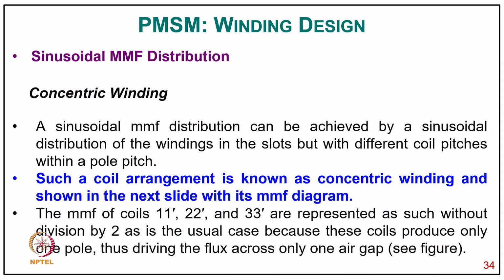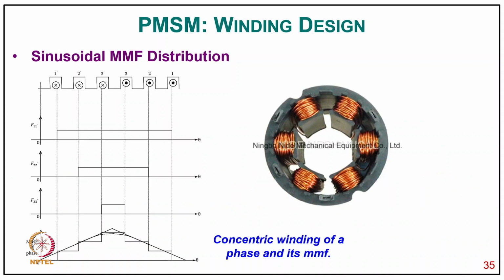First is the concentric winding. A sinusoidal MMF distribution can be achieved by sinusoidal distribution of the winding in the slots, but with different coil pitches within a pole pitch. Such a coil arrangement is known as concentric winding and is shown in the next slide for its MMF diagram. The MMFs of the coils 1 dash, 2 dash, and 3 dash are represented without division by 2, which is useful because these coils produce only one pole, thus driving the flux across only one air gap.